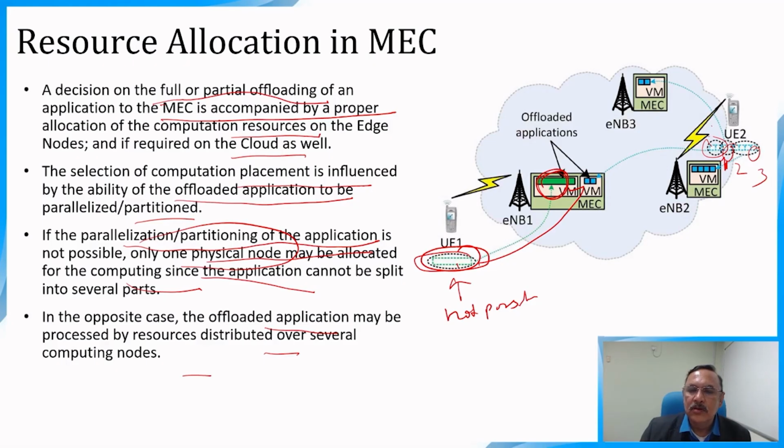It will transfer one of the tasks to this MEC, that is eNB2. Another task it will transfer here, using the resource allocation from this MEC, that is eNB3, and one more partition will be assigned the resources of eNB1.